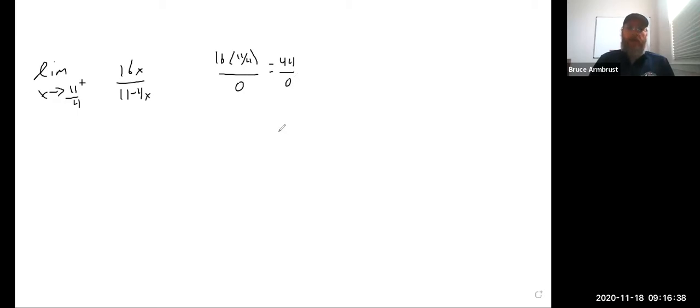And so this actually tells me something right away. What this tells me is that this is going to be plus or minus infinity. Now, it can't be both. It's got to be either plus or minus, but it's going to be one or the other. So what about this form tells me that?